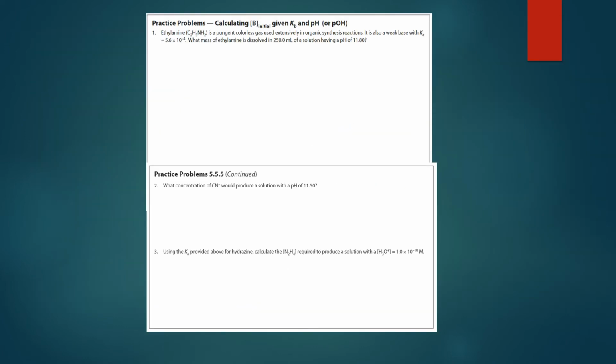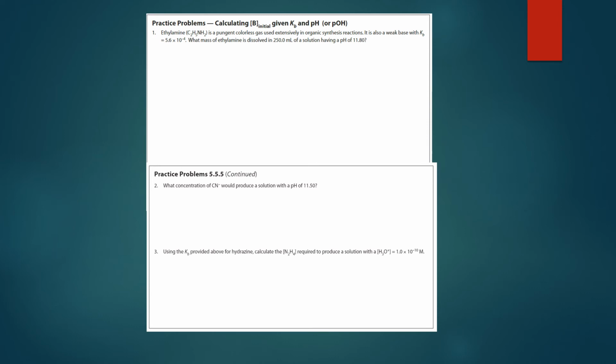So again, there's some practice problems for you to try on your own. See if you're understanding this section. These ones all are calculating that initial concentration of the weak base as well. And with most of these, you can kind of be careful. In the first question, the Kb is actually given for you.